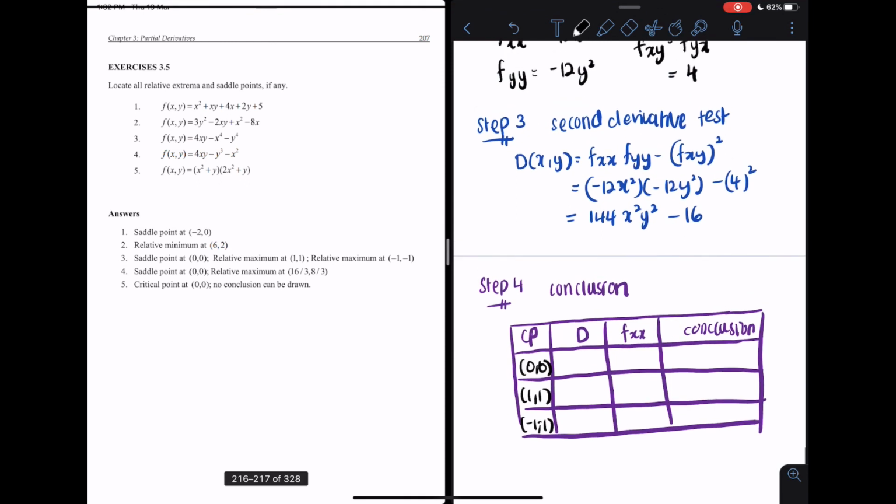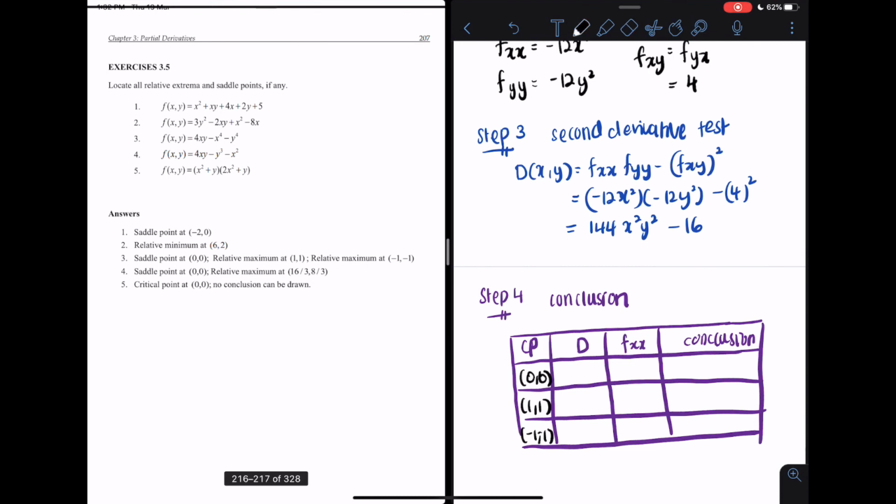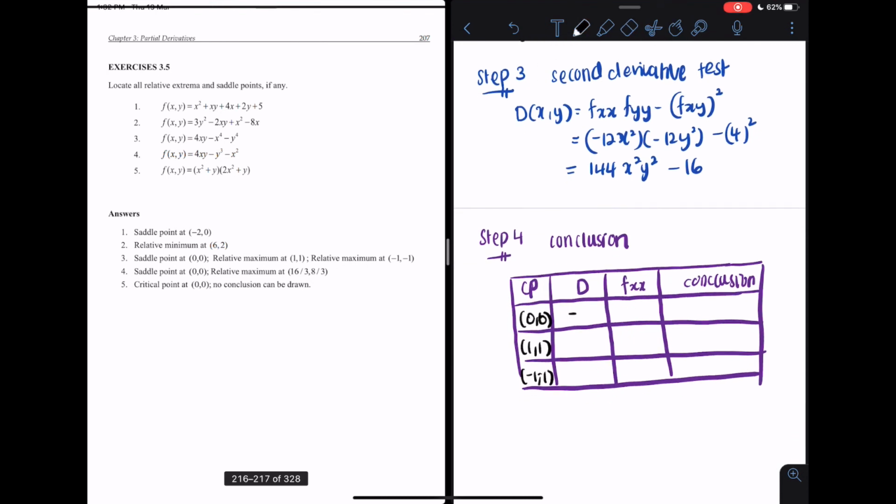For the first critical point, you will get D equal to negative 16. No need for you to test for fxx because obviously it will give you a saddle point.